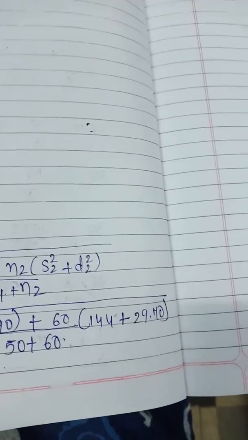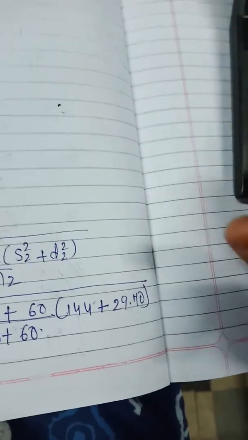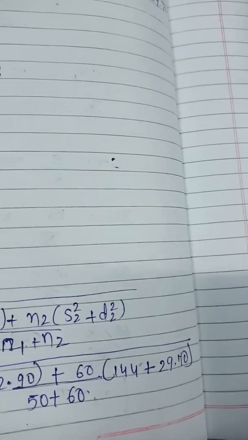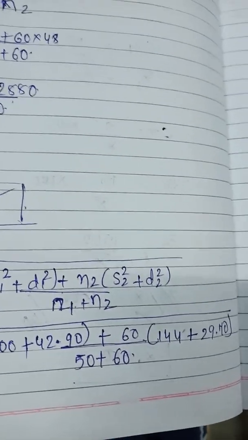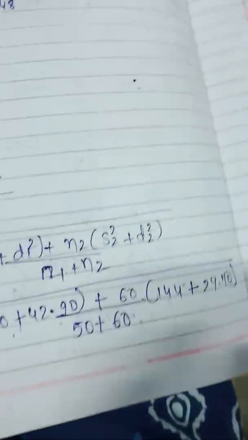Same way 144 plus 29.70, so that is 173.7. Divide by 50 plus 60, 110. Sorry, plus it will come, and here also I was subtracting the term.